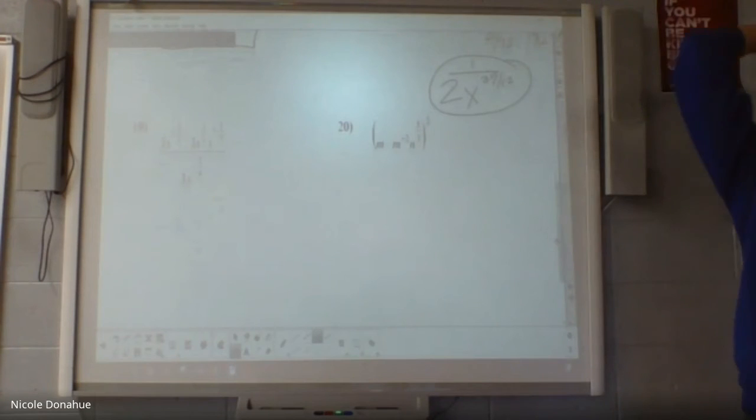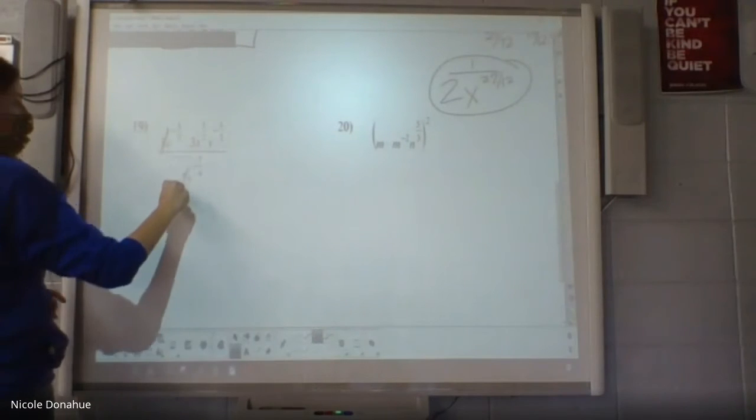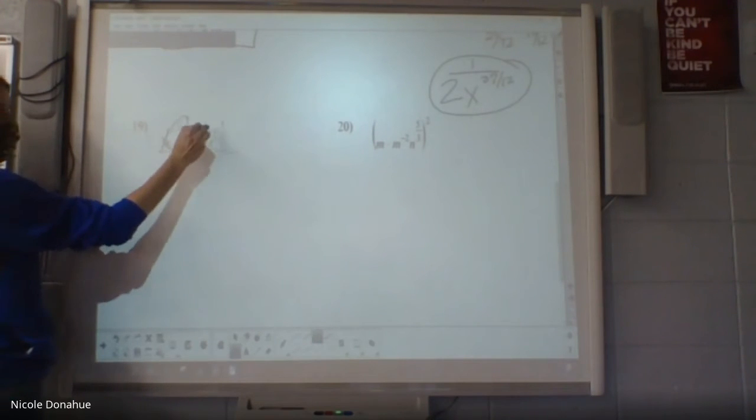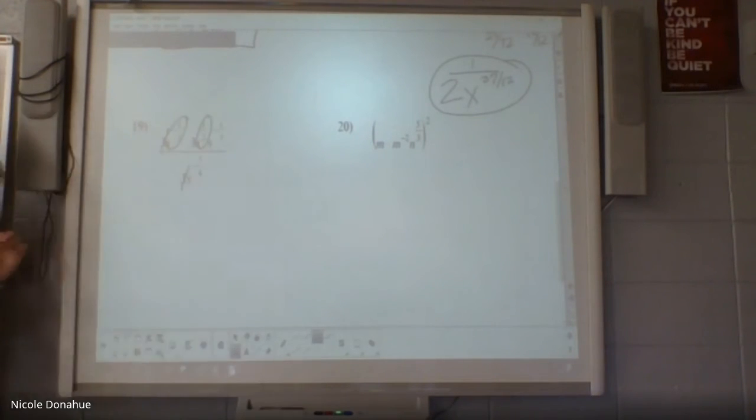Number 19, do you see anything that cancels? Threes. You can cancel one of the threes with one of the threes. Okay, what do you guys want to do next? Do you see that x's can go together on the top? X to the negative 1/2 times x to the positive 1/2.